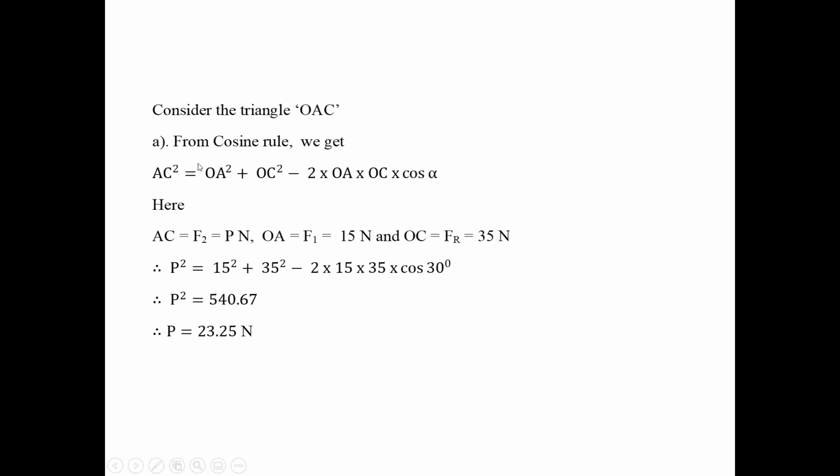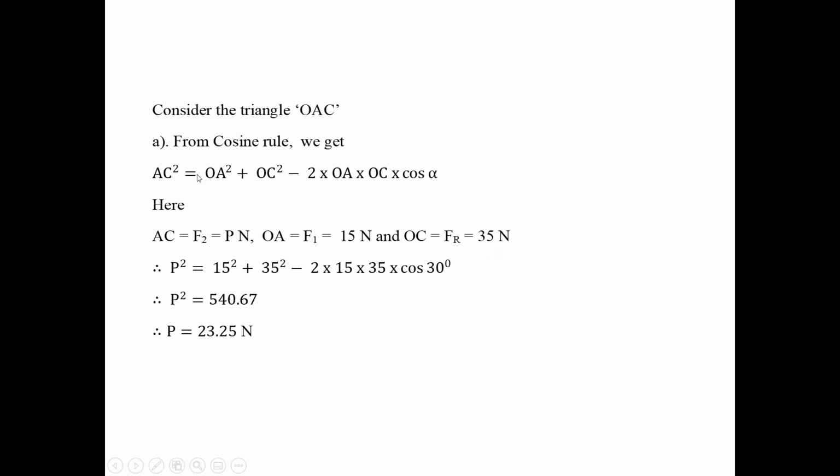From it, you get the equation AC square equals OA square plus OC square minus 2 into OA into OC into cos alpha. In this equation, AC is force F2, P Newton, OA is force F1, 15 Newton, and OC is the resultant force, 35 Newton.